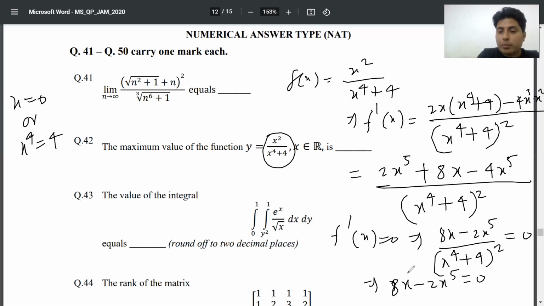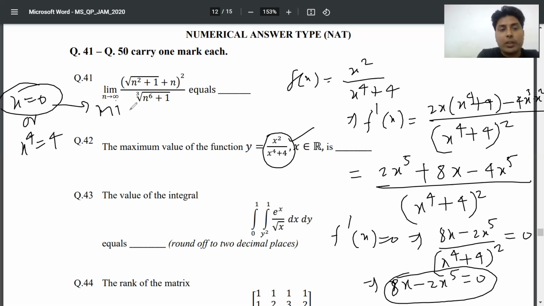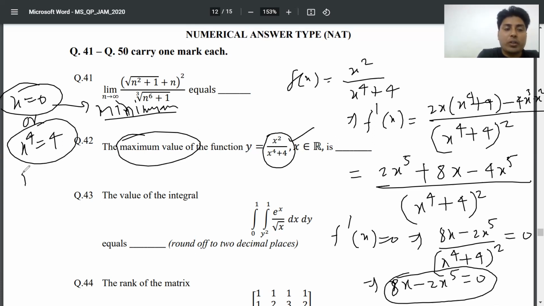After simplifying this equation, we'll get two things: either x is 0 or x^4 is equal to 4. Since we know that when we put x as 0, it will give 0, at x equal to 0 we are going to get the minimum value. But we are interested in the maximum value. So the other condition is x raised to the power 4 equal to 4, which means x square is 2. So at x square equal to 2 we'll get the maximum value.